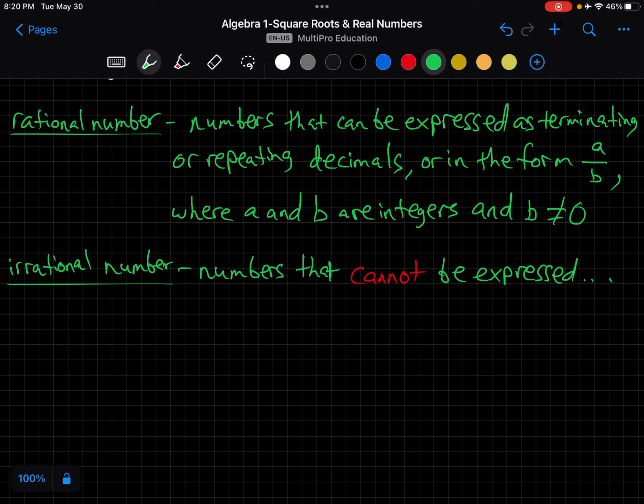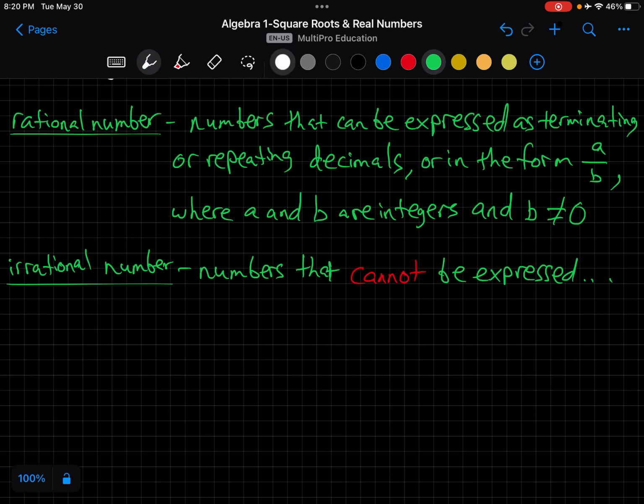Okay, so it's the opposite. Alright, so instead of terminating, it's not terminating. Instead of repeating decimals, it's not repeating decimals. Or if it's in the form of A over B, A and B are not integers. Or something like that, okay?